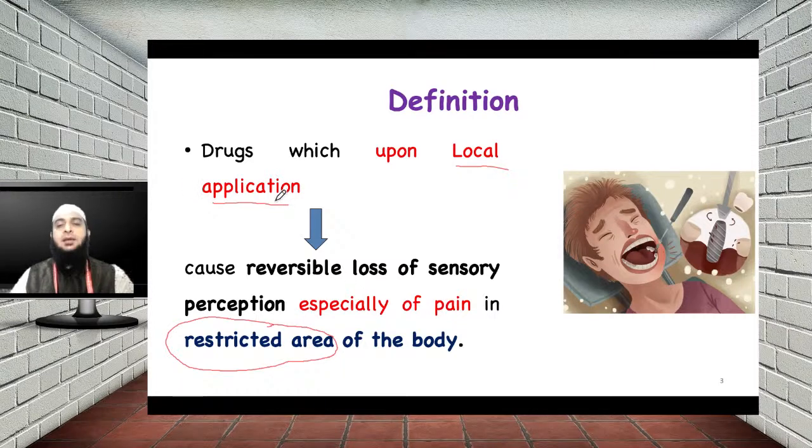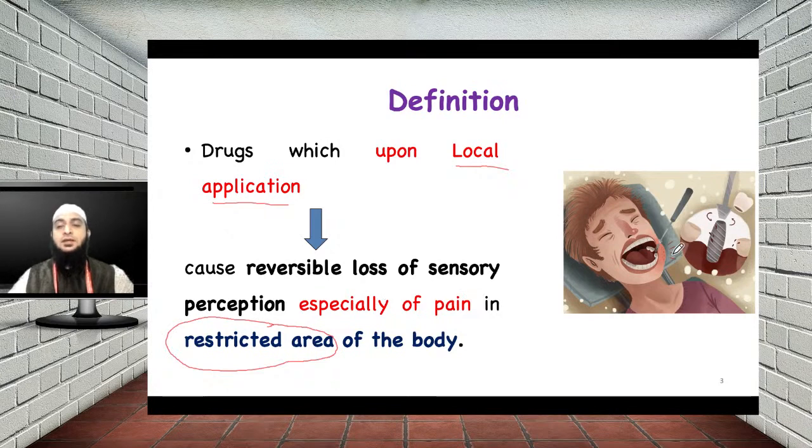For example, if you are undergoing dental surgery, it is not expected that you need complete loss of consciousness. It means you don't want the complete body to undergo loss of sensory perception.